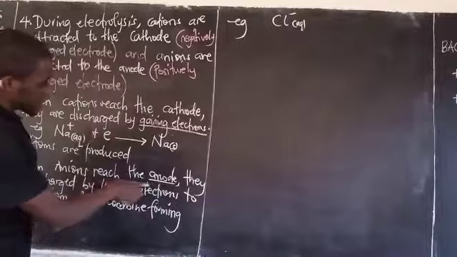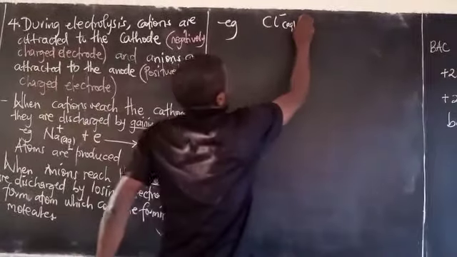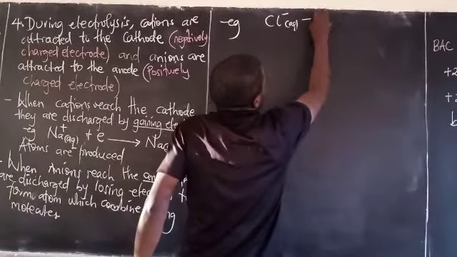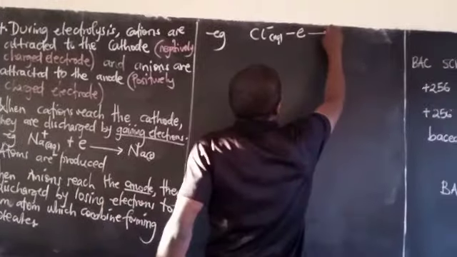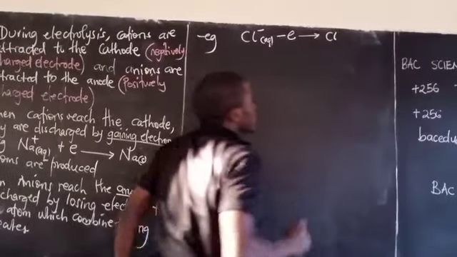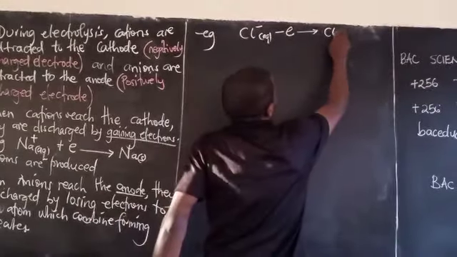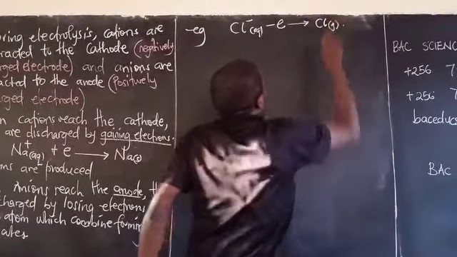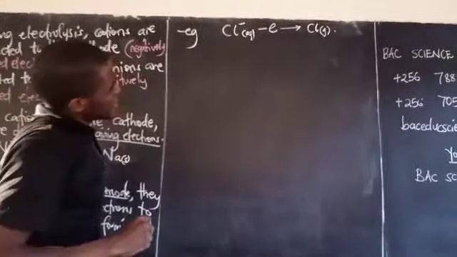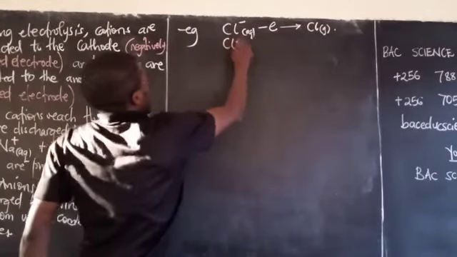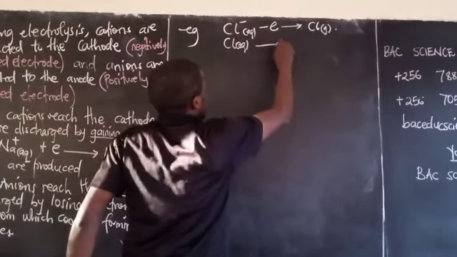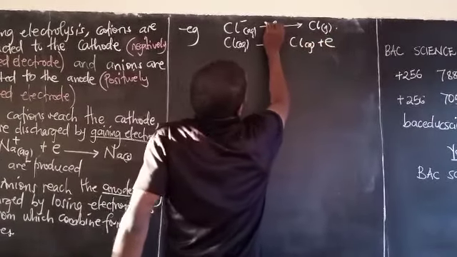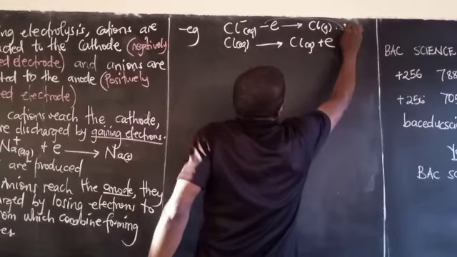When it reaches the anode, it will get discharged by losing the electron to form the chlorine atom, which remains in gaseous form. This equation is preferably presented like this. The electron can move from here and go to the other side.